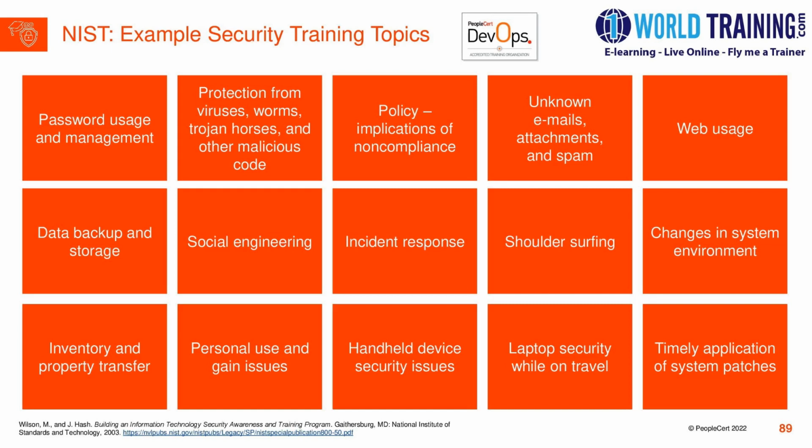Coming back to protection from viruses, worms, Trojan horses, and other malicious code. Viruses, worms, and Trojan horses are all kinds of malware. They try to get into your software, your application, or your computer.